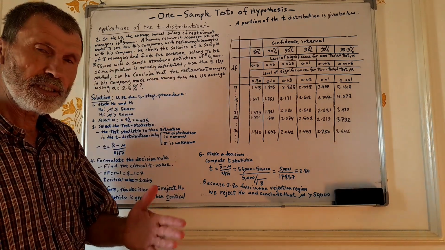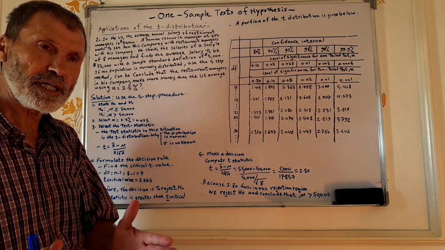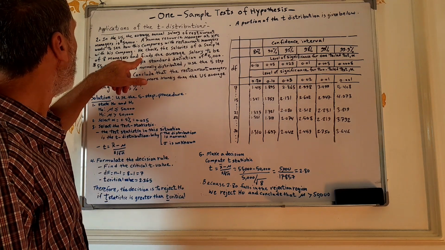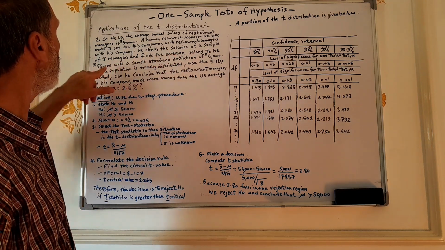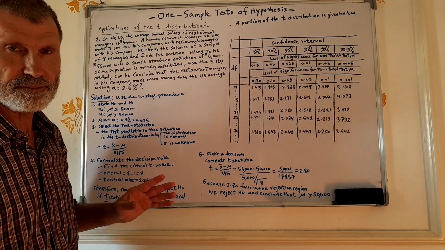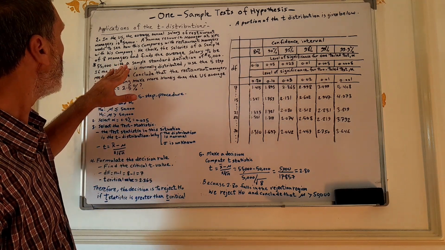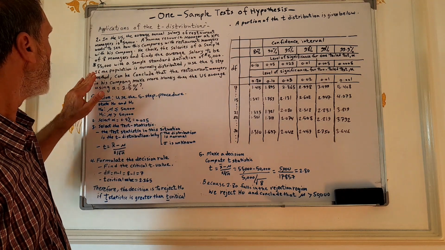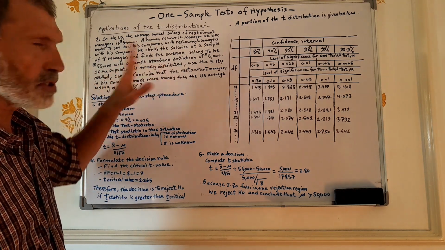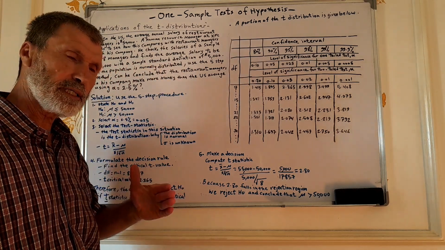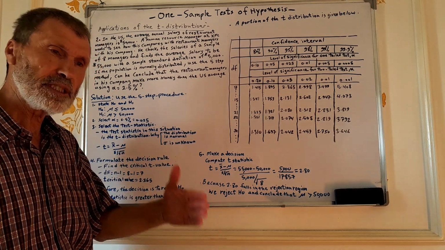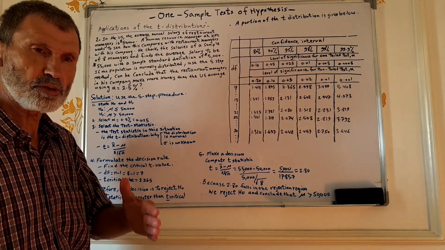So the sample size consists of 8 people, and finds the average salary to be $55,000 with a sample standard deviation of $5,000. If the population is normally distributed, this is one characteristic of the t-distribution, that it should be normally distributed.